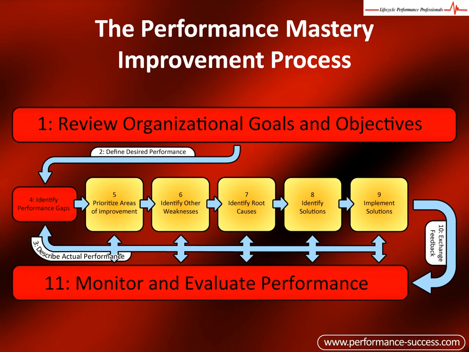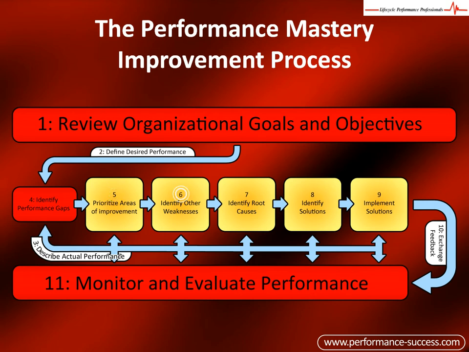and then implementing a solution that applies to those specific performance deficits. The steps in the Performance Mastery Improvement Process include 1. Review organizational goals and objectives. 2. Define desired performance. Step 3. Describe actual performance. Step 4. Identify the performance gaps. Step 5. Prioritize areas of improvement. Step 6.